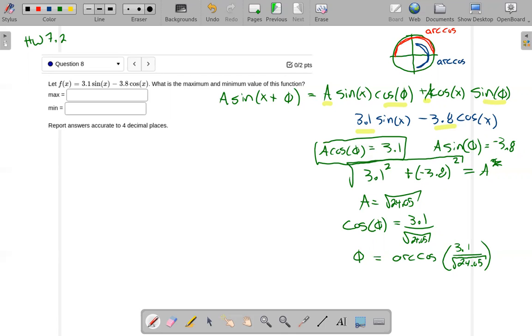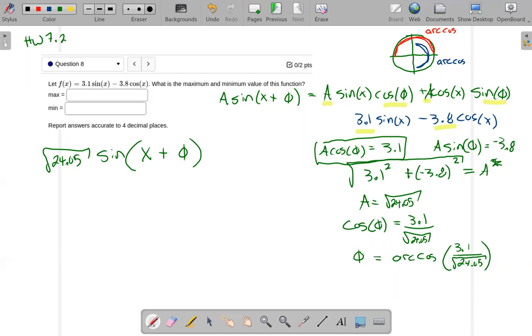And so as far as the min and the max go, I now know that this function right here can be rewritten to be the one I just created with a and phi. So a is the square root of 24.05 times the sine of x plus that angle, and I'm just going to call that angle phi for now.